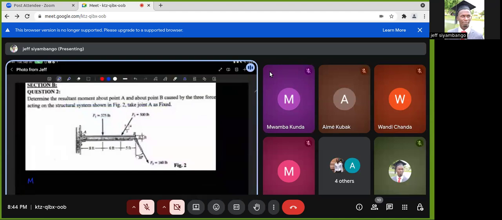So let's say F1 causes moment M1. F1 is strictly vertical and it's downwards.